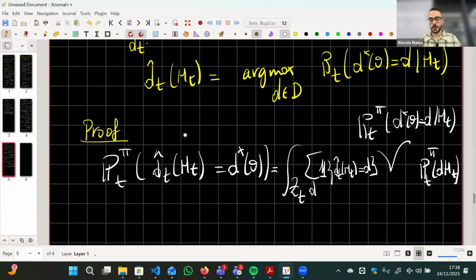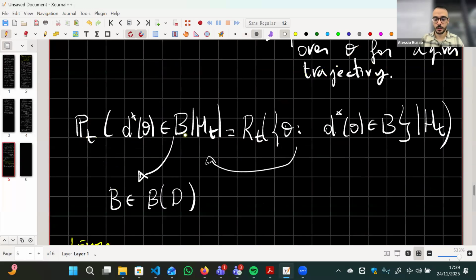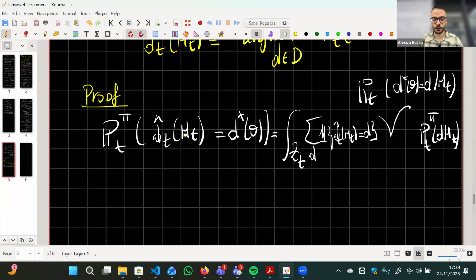So we use the results from before. We use the fact that we can derive this posterior distribution, and very importantly, this posterior distribution doesn't depend on pi.